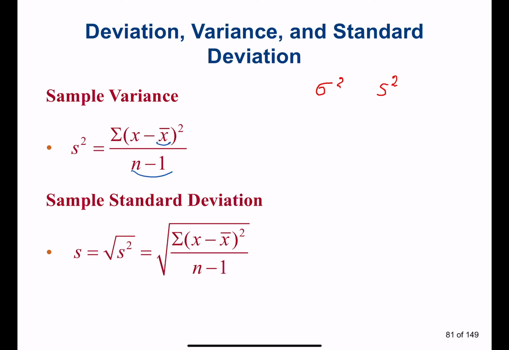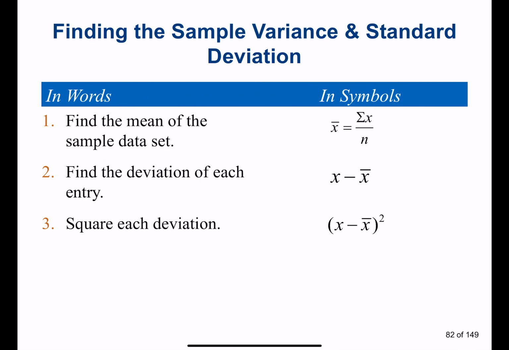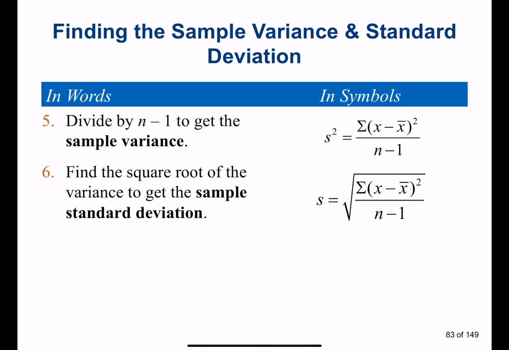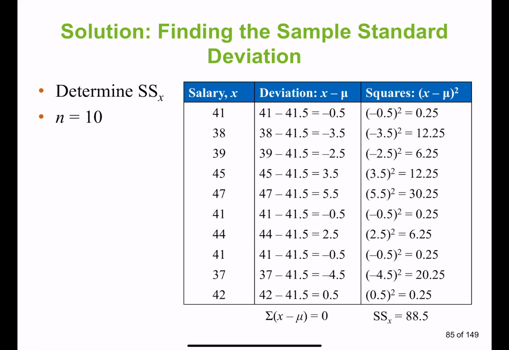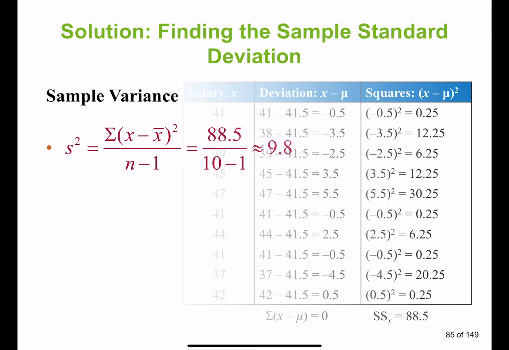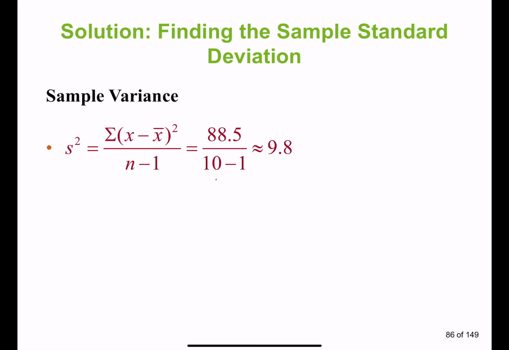And the sample standard deviation, S, is the square root of S squared, and the entire formula is taken into the square root. Now, considering the same problem as a sample, we calculate everything exactly the same way, with the difference that at the end, with 88.5, instead of dividing by 10, we divide by 10 minus 1, because the formula gives us n minus 1, and we will get approximately 9.8.